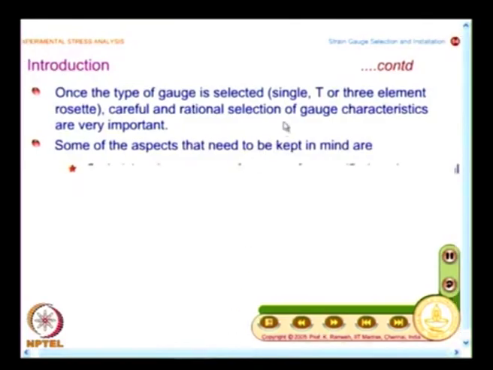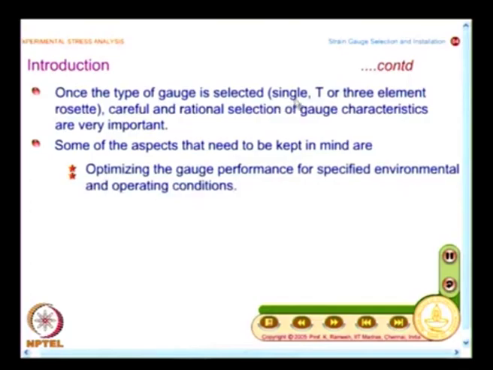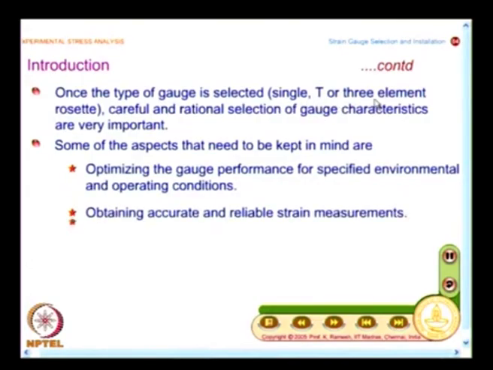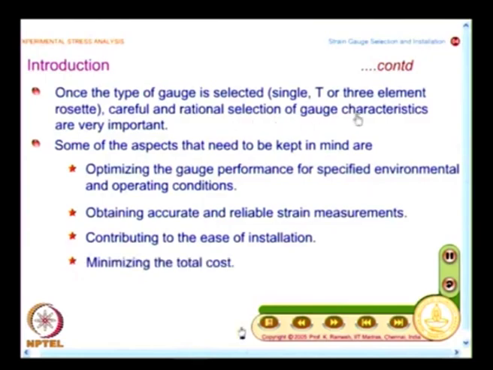So, once you decide, yes, I need in these locations a single strain gauge, a T rosette or a 3 element rosette, you have to make a careful and rational selection of gauge characteristics for the given application. And what are the aspects that you need to keep in mind? You need to optimize the gauge performance for specified environmental and operating conditions.